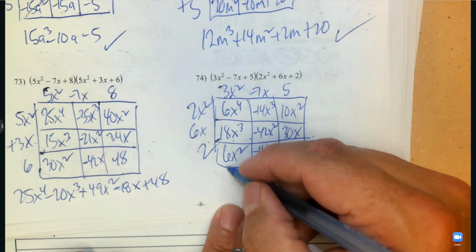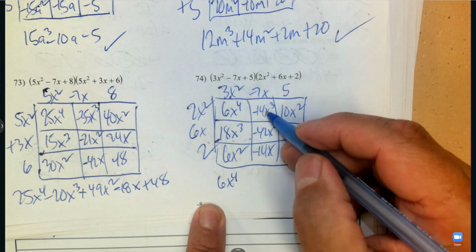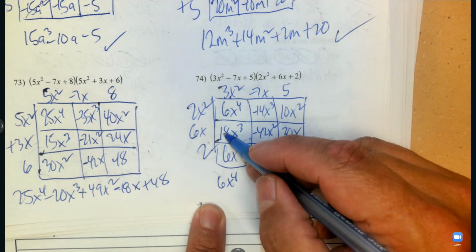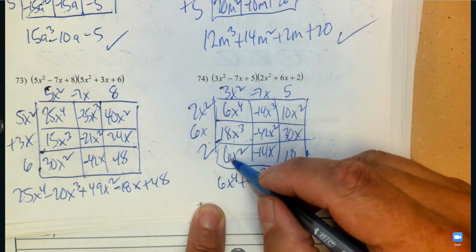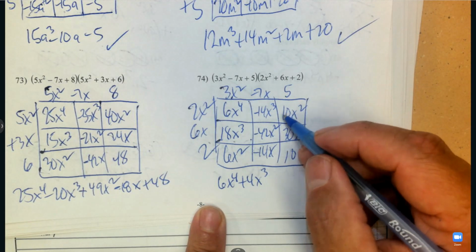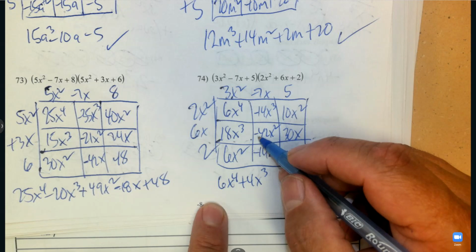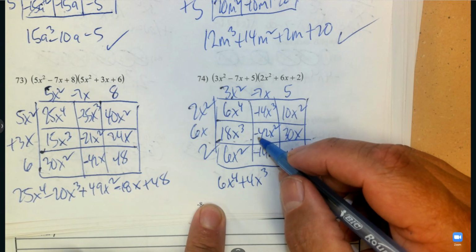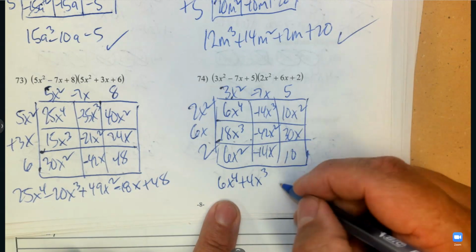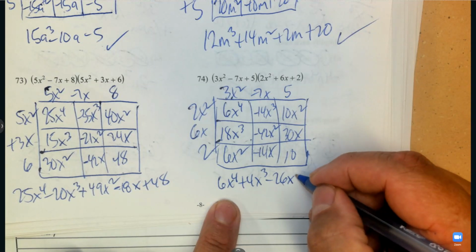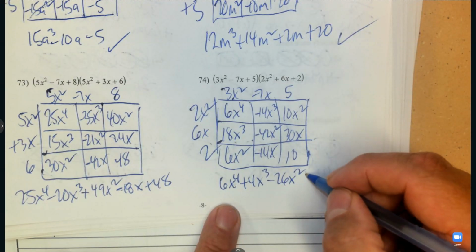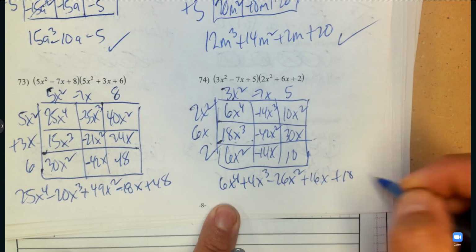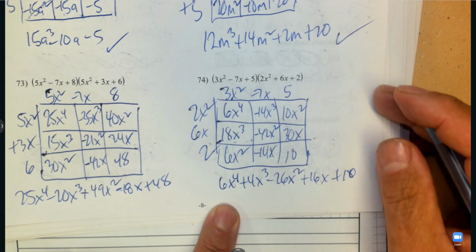All right, so 6x to the fourth, that's 18 and negative 14, that's plus 4. Here we have 16 and 42, so 4, 6, 26. See if that's right. I think it is. 30 take away 16, and then 10. Whoop, that's a 10.